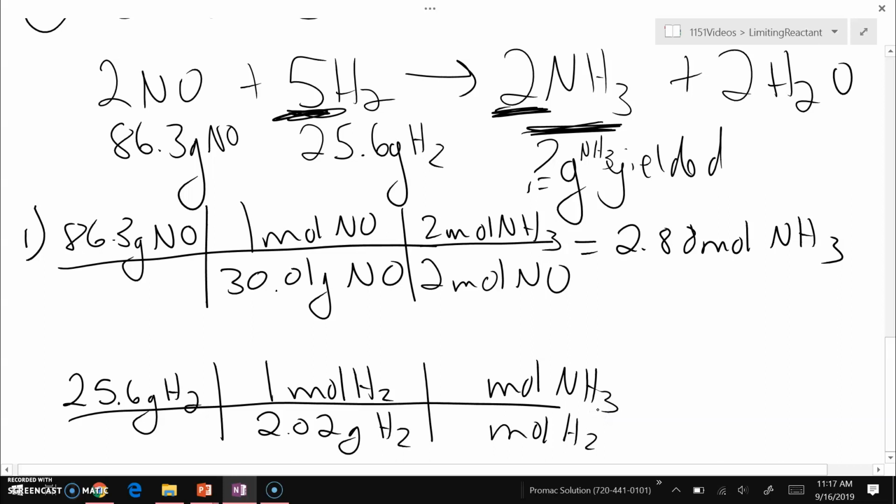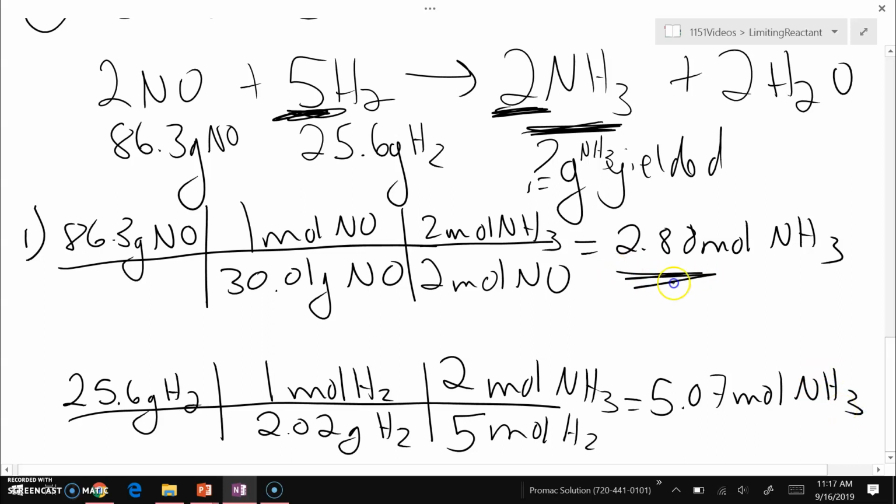The 5 from the balanced reaction and 2 up top. Okay, so that would give me 5.07 moles of NH3. So 5.07 is bigger than the 2.88, so the culprit, the least amount of product produced, is from the NO, okay?